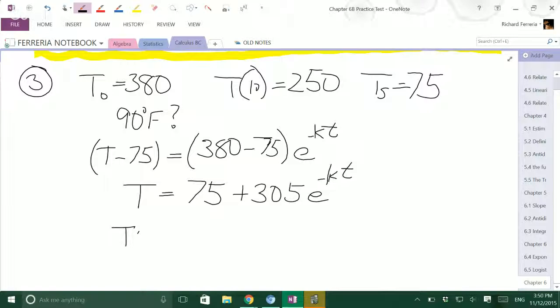The temperature after 10 minutes equals 75 plus 305 e to the negative 10k. And allegedly that's equal to 250.